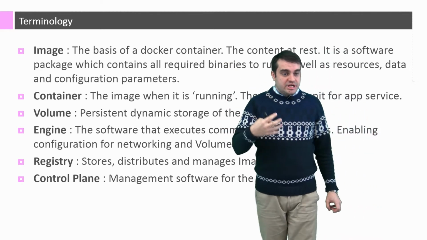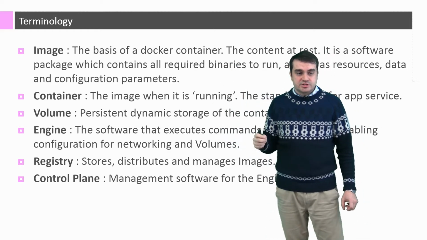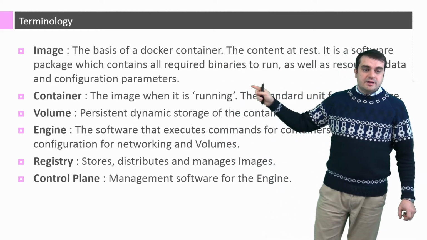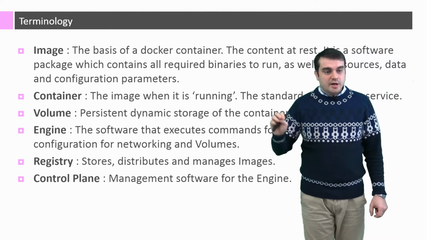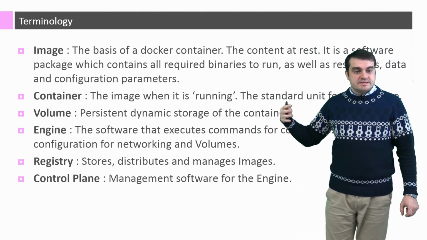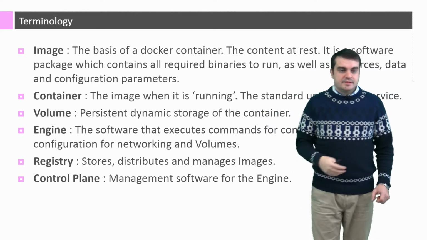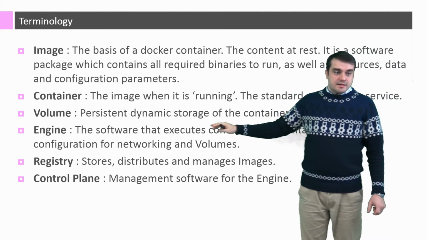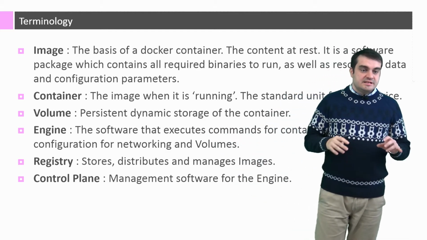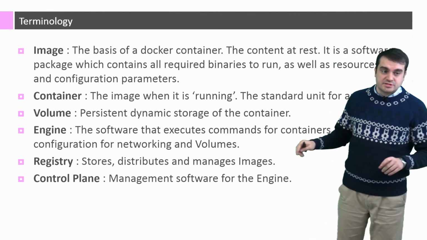If we want to change something, because the images are static, we need volumes. The volumes are configured within the container to allow different files within the file system to be edited and to persist through restart cycles. The engine, as we have seen, is the software component that allows the containerization of our applications.